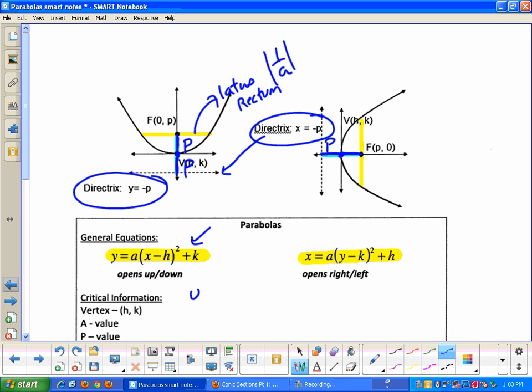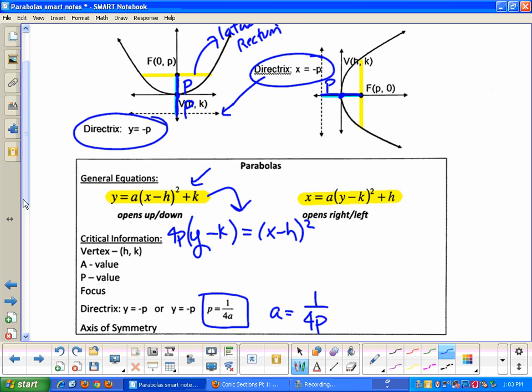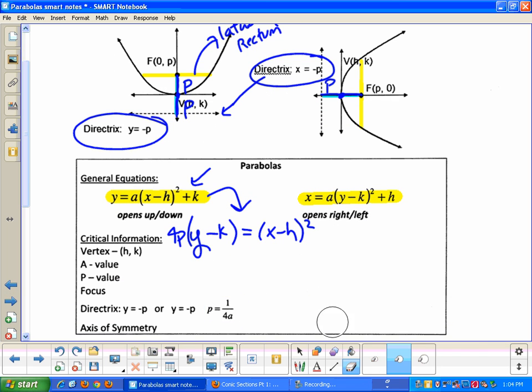So they'll write 4p times y minus k equals x minus h squared. Sometimes people use this as a standard form. I think this equation right here is a little confusing. Basically, instead of using this equation that I just wrote, I like to use the equation that's up here because it makes it a lot easier because we're used to that kind of form.